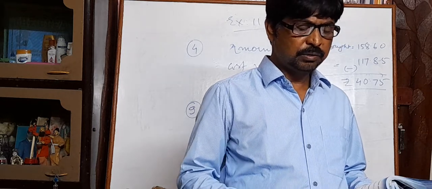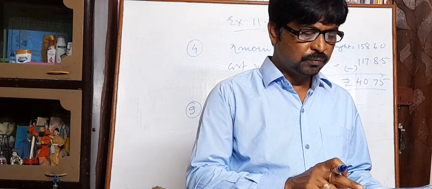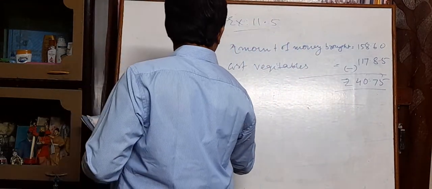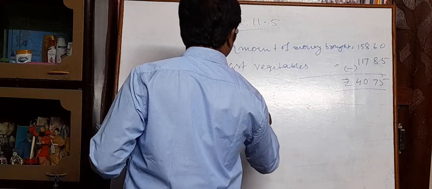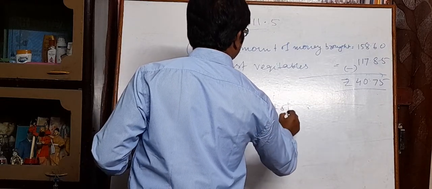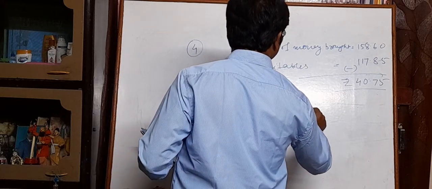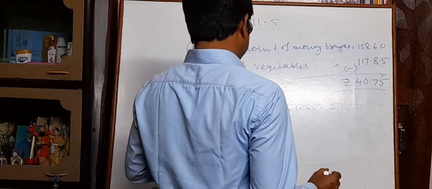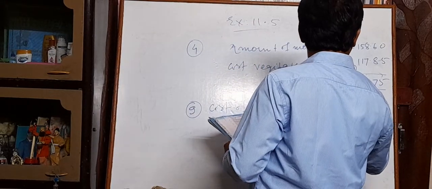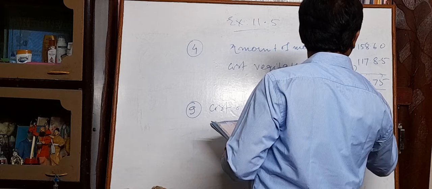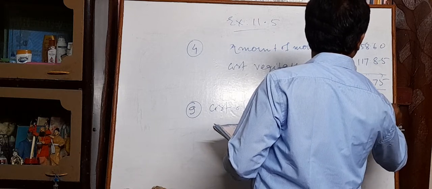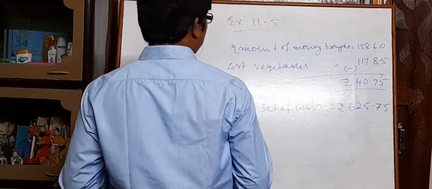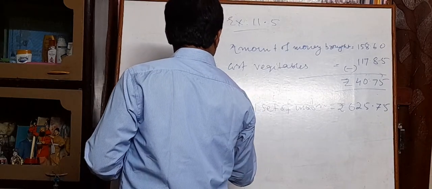Here what you have to write: cost of one set of uniform is equal to how much? Rupees 625.75.